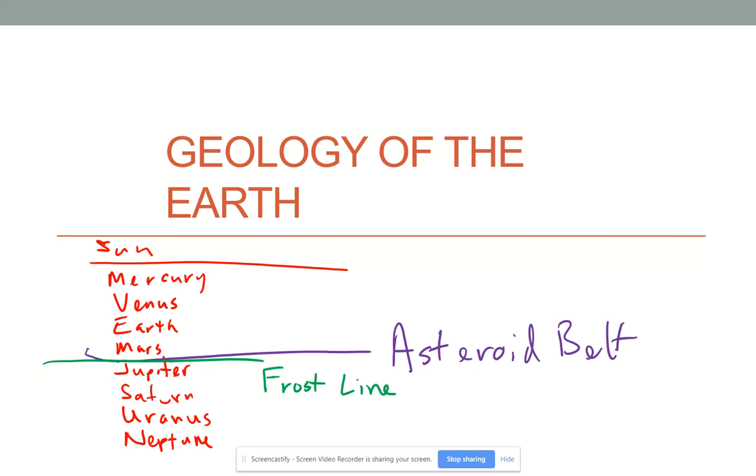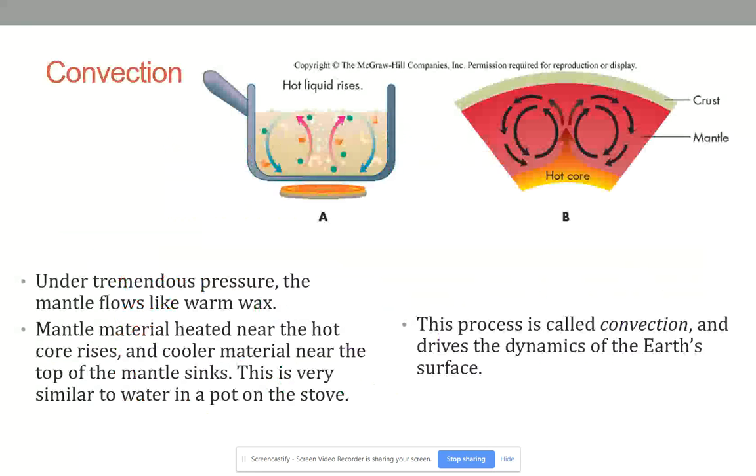So inside of the frost line, you have high melting point materials, things like silicon dioxide or iron, etc. Those are by far the predominant things.